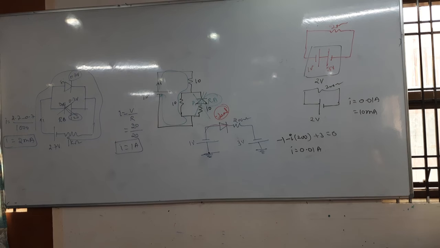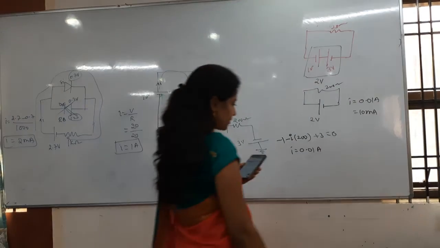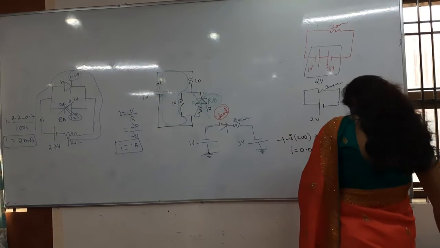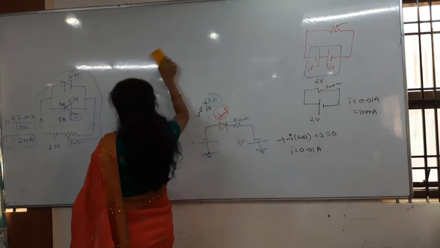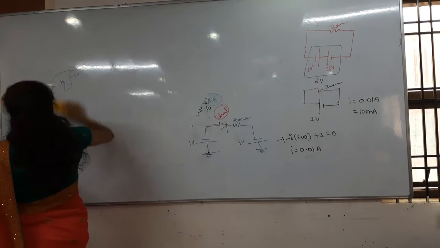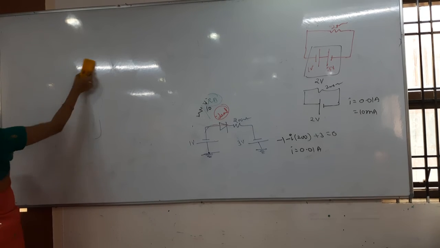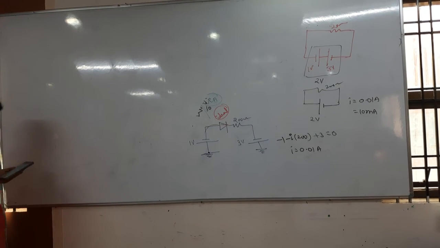Which of the following represents forward bias? Three years repeated question. This is the first one.